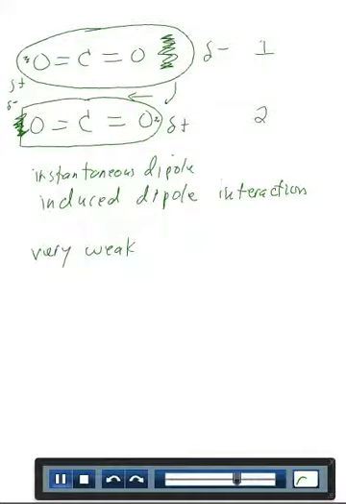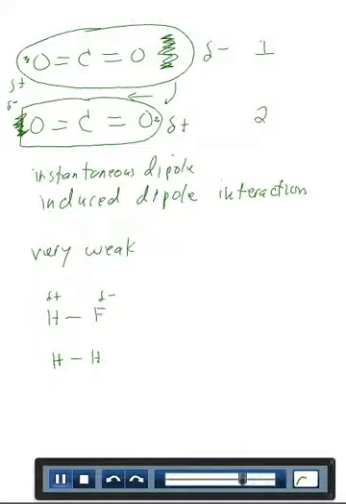Now, as another example, say I have a molecule that does have a permanent dipole. Say I have the HF molecule again. So it has a permanent dipole moment, permanent charge separation. What if I have hydrogen near it? Hydrogen, H2, does not have a dipole moment, but this dipole in HF can induce a dipole in H2.